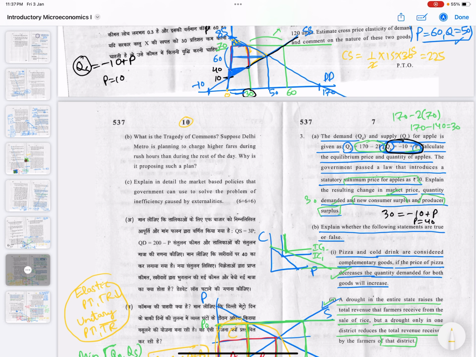What is the tragedy of the commons? So this is a scenario in which, one of the examples could be of sheep grazing the field. You must have heard about it. Suppose if you have a pond and there are a lot of fishermen in it, and if everyone is working in their own self-interest, they will try to extract more and more fish from the pond.